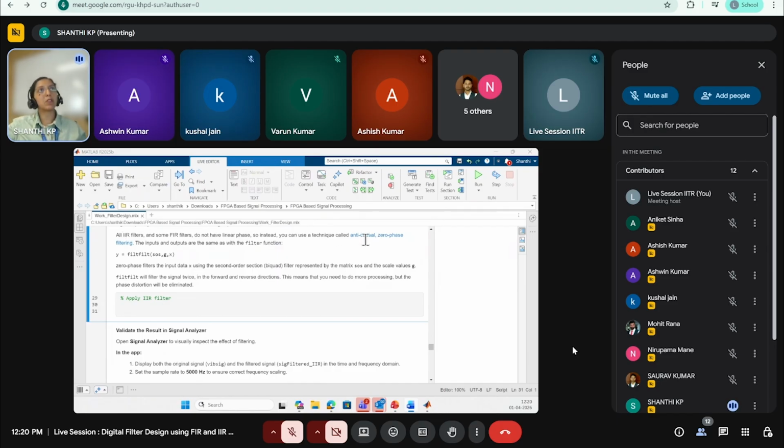You can read about this zero phase filtering here. I have given a link over here in this live script. You can read about it later after the session. So here we will be using a special function called filtfilt, which is basically zero phase filtering, suitable for a non-linear phase type of filter.